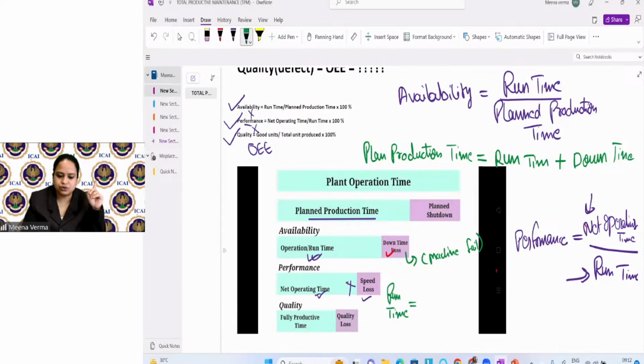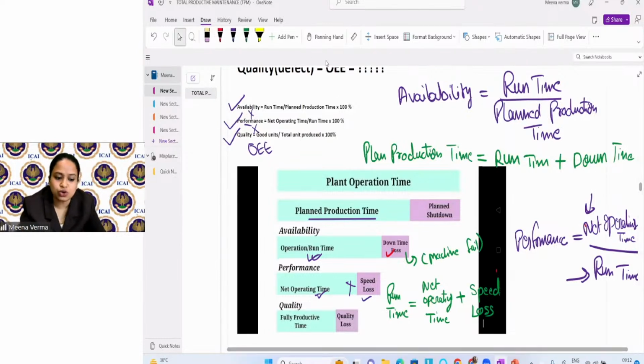Runtime is equal to net operating time plus speed loss. Right. So in this way, we will calculate.